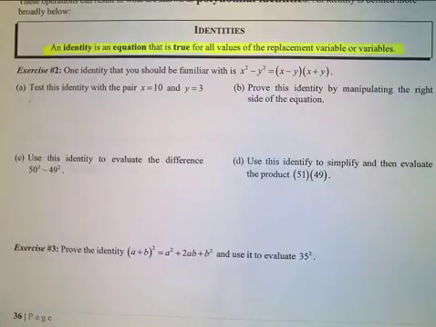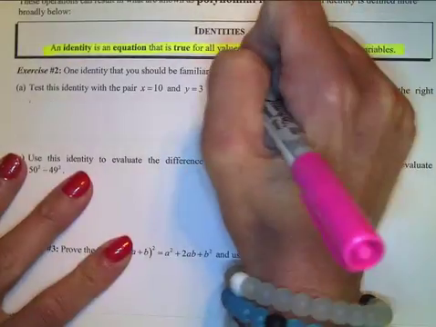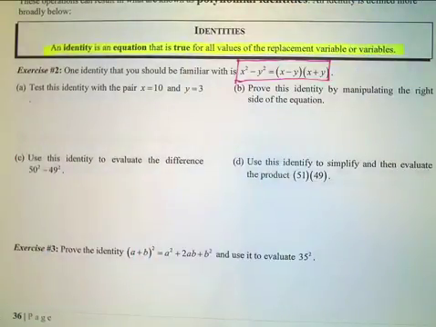Exercise 2. One identity that you should be familiar with is x squared minus y squared equals x minus y times x plus y. So that is an identity because any number we put in for x and any number we put in for y, it always works. It always comes out true. So what are they telling us to do? Test it.